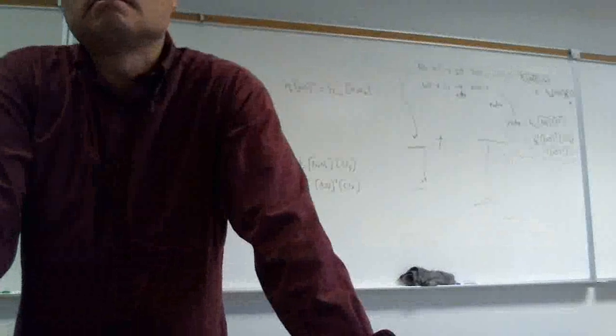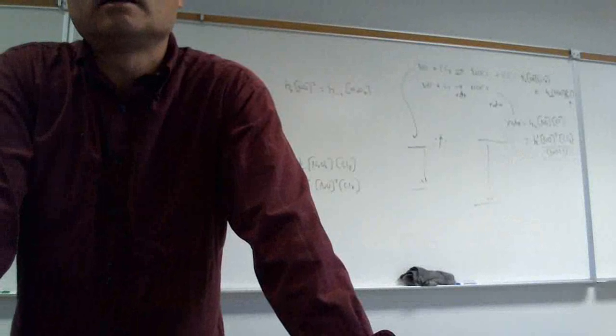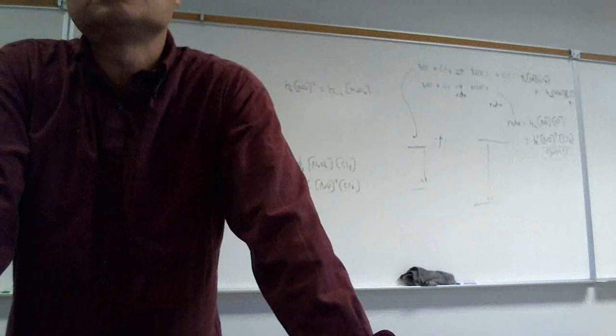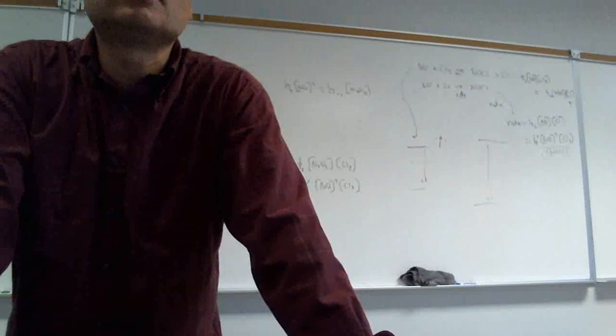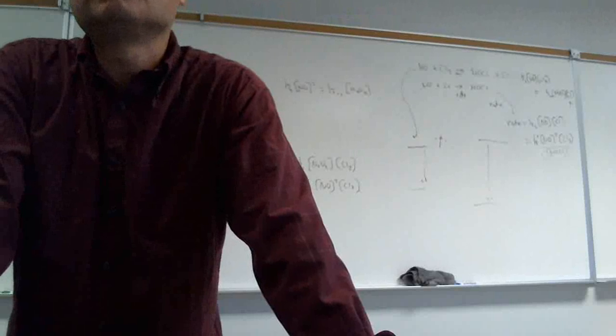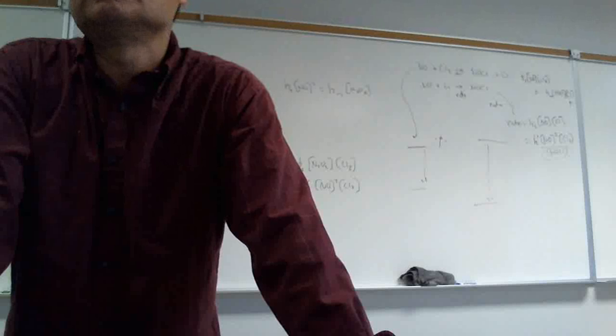It also says the concentration of NOCl is assumed to be constant. Okay. That means we're neither producing it nor consuming it. But the problem is NOCl is a product of this.